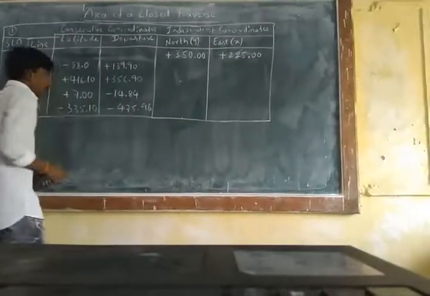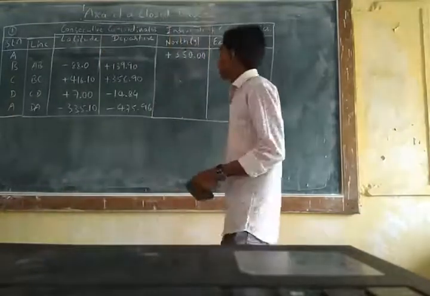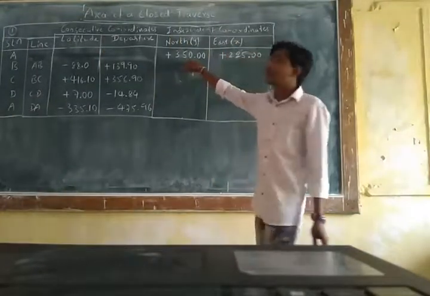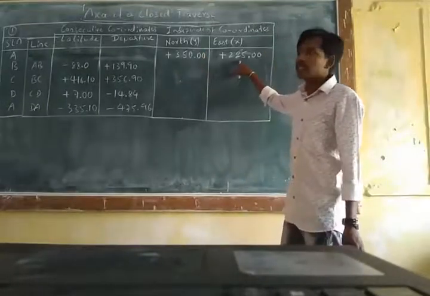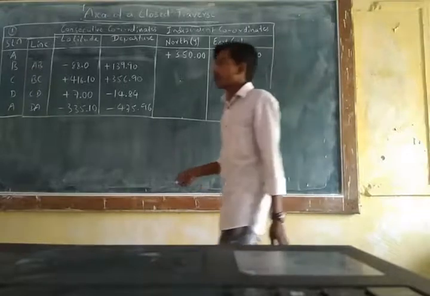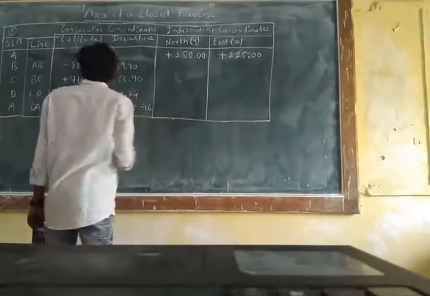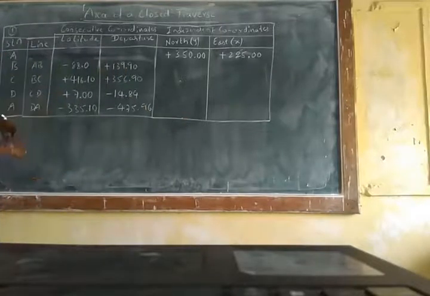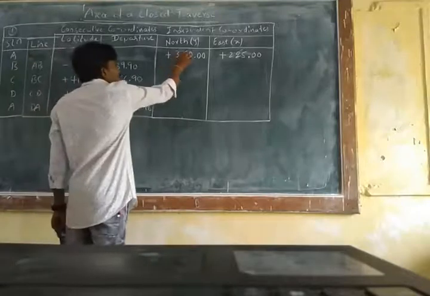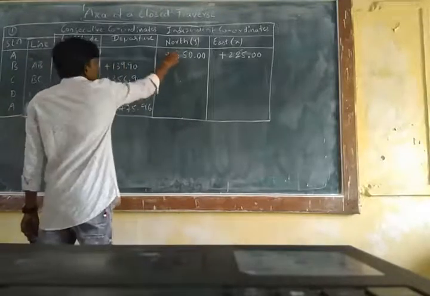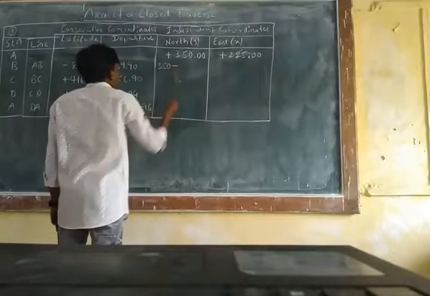Now let's calculate. For the calculation, we have assumed the first point as 350 for the north coordinates and plus 225 for the east coordinates. Now let's calculate the north coordinates, independent coordinates for the line. So for the line AB, we have assumed 350. So the previous one, 350 minus.